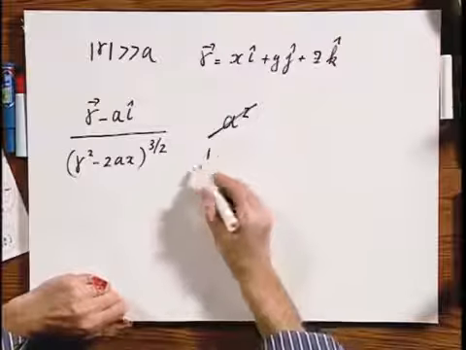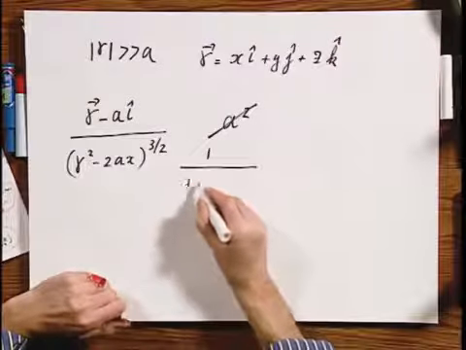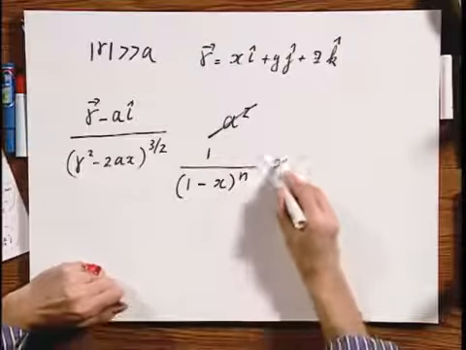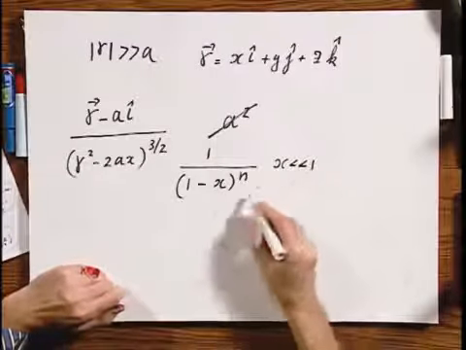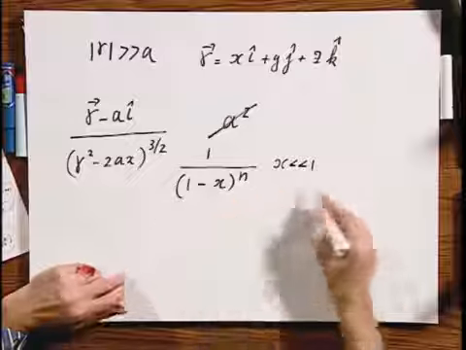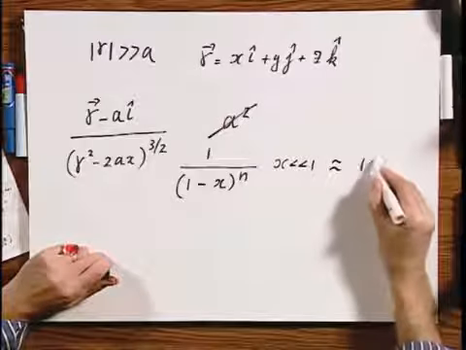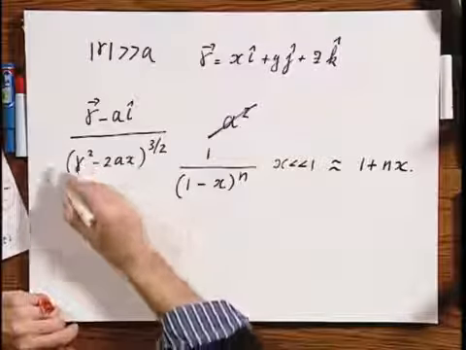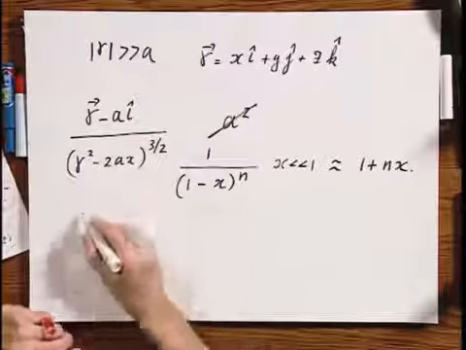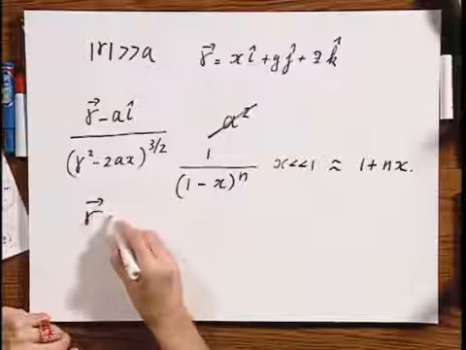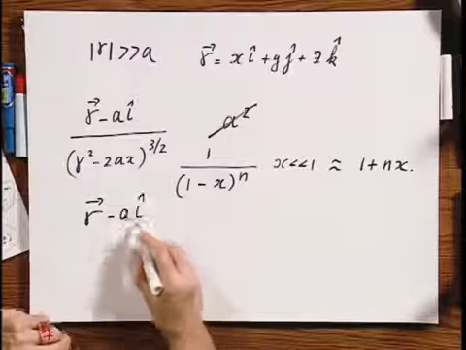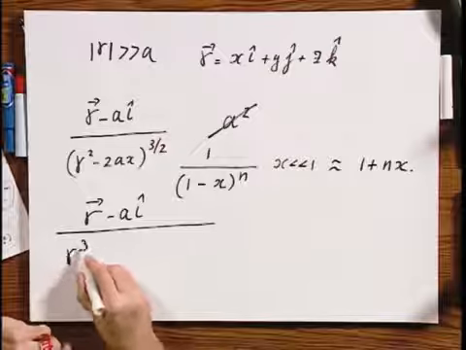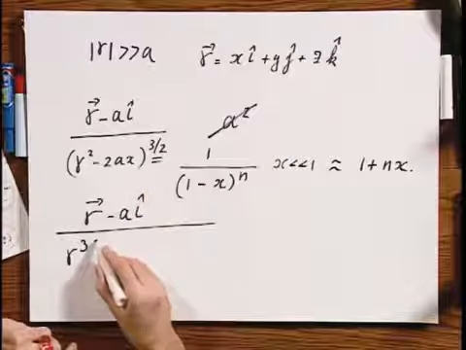I'm going to use something that perhaps you remember from last year, that if x is much, much less than 1, then this quantity is approximately 1 plus n times x. And so I'm going to take the r squared out of the brackets here, so I get r minus a times the unit vector in the x direction. Then I get an r cubed here, because don't forget there's this 3/2.